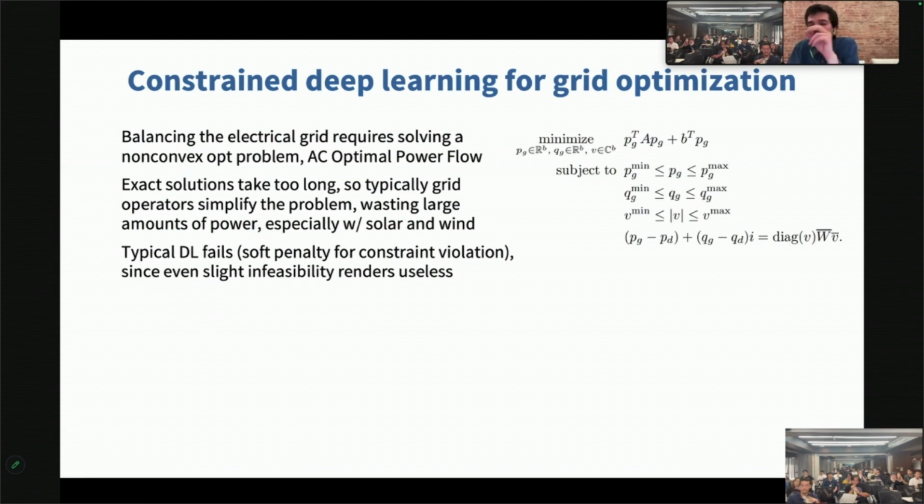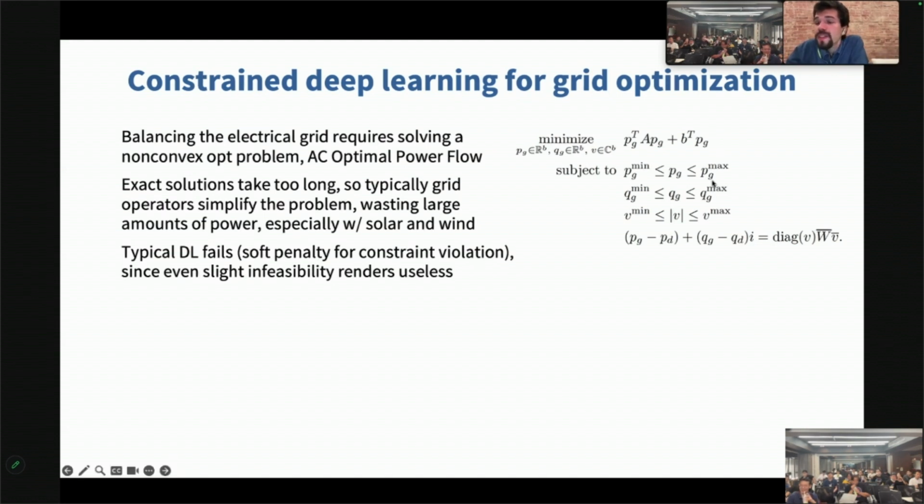However, that fails completely because you are likely to slightly violate the constraints and minimize the objective function. Slightly violating the constraints is not good. It's like having your train slightly go off the rails. The whole system crashes.